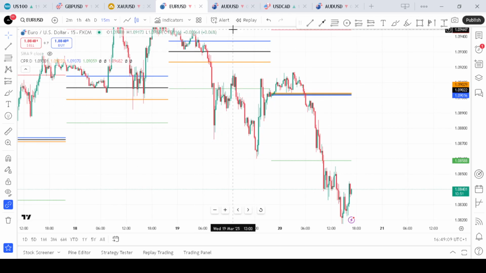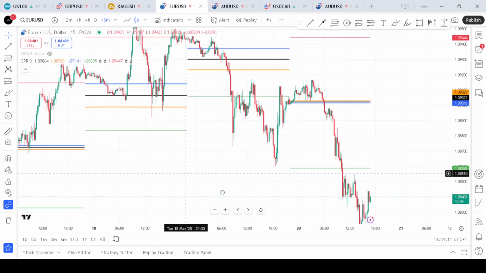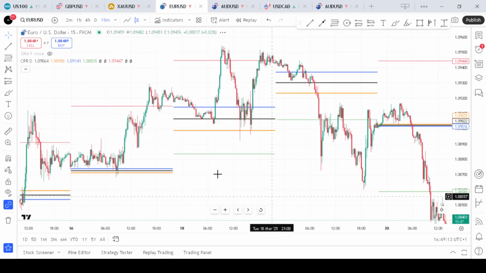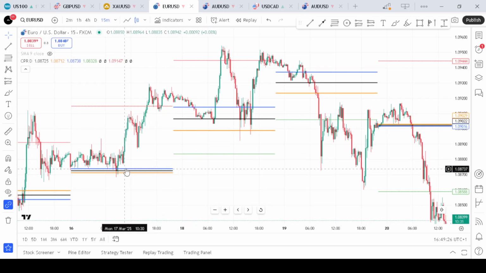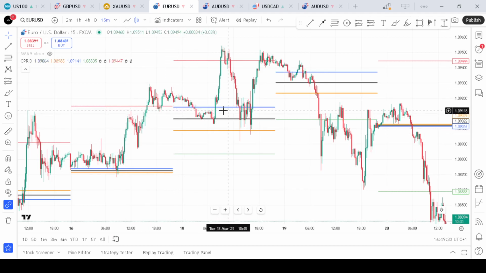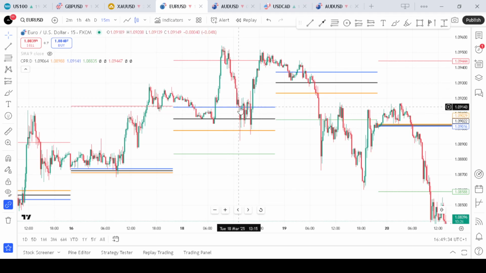Now for a bullish setup, let's look for a bullish setup. For this bullish setup, you wait for price to retrace back to the top central level after breaking above it. When price breaks above the top central level at this area, we wait for price to come back to the top central level.